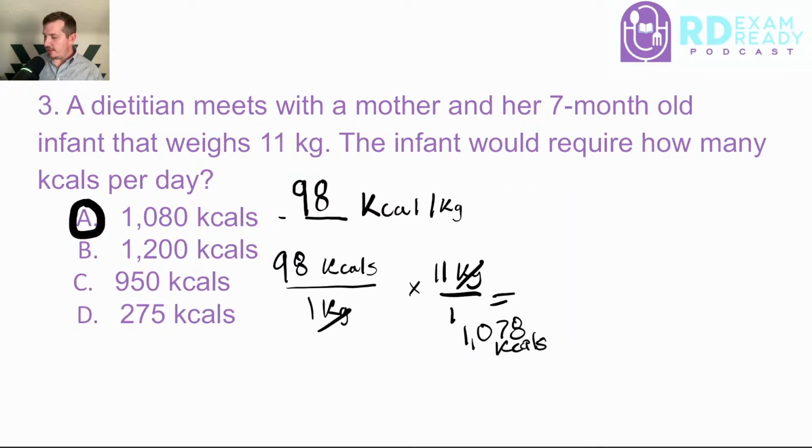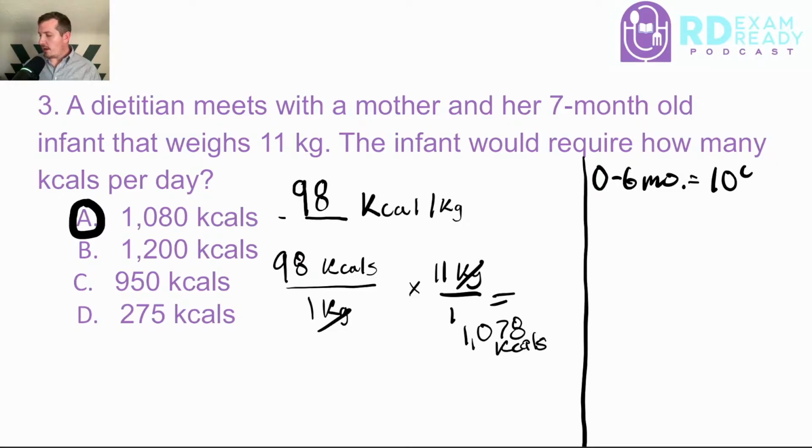So, that being said, let's kind of map out a little bit just to remind ourselves of those common numbers that we should be familiar with when it comes to calculating those infant needs for kcals. First off, 0 to 6 months. This infant would get, what would it be? This would be 108 kcal, right?